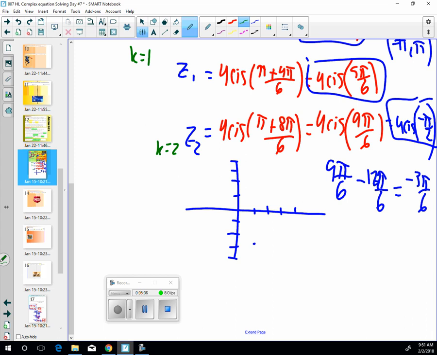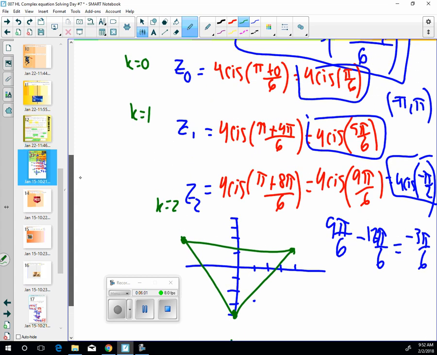So I would think it's going to be somewhere like here, here, and, oh, the first one was pi over 6. So it's something like that. So it really does totally make sense.